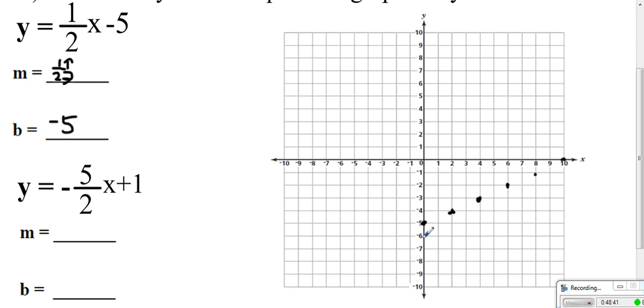Going backwards, down and to the left 2. Down and to the left. All right, so you draw your line as nicely as you possibly can.